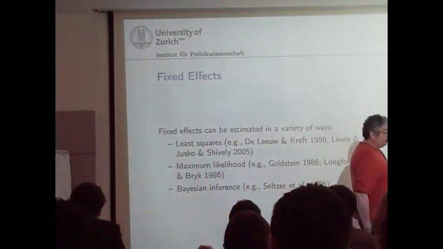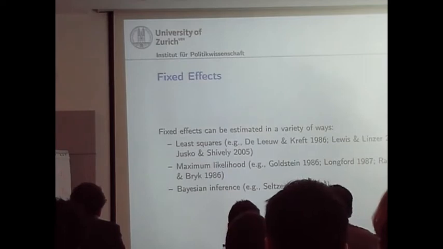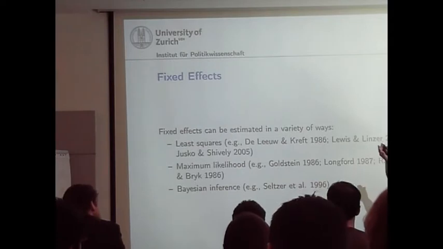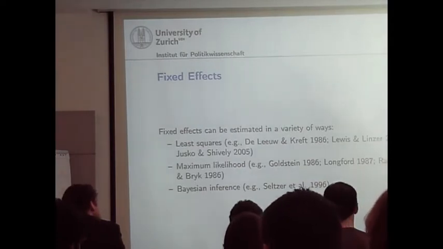Least squares estimation is actually perfectly fine. That is to say, if you have this multi-level model that I've presented and you're only interested in the fixed effects, you can run that through ordinary least squares.